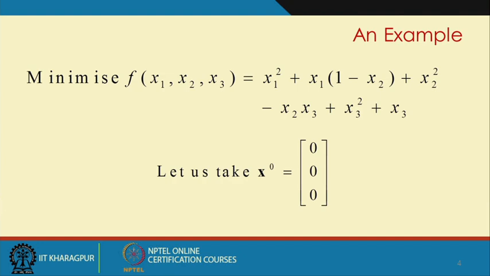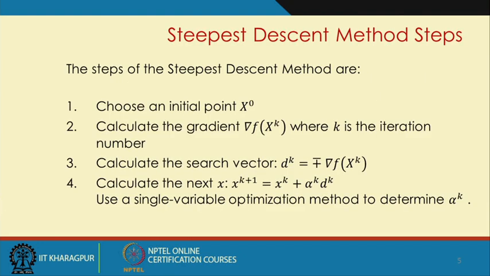Okay. But if I start with the guess point 0 0 0 and I have to minimize this function, what the descent method tells us is that whenever we have a function which is continuous in nature, we use the gradient knowledge. What is the gradient of a function at a point? If I consider a surface, what is the gradient direction on the surface at a point?